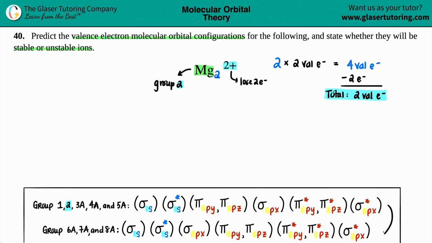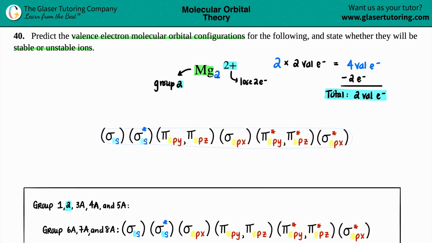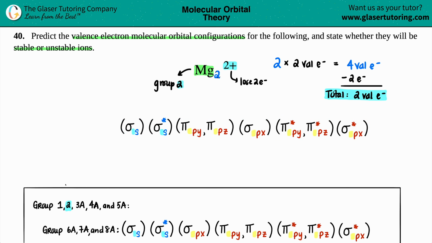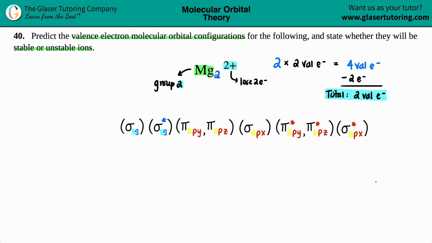Getting into that is way above a Gen Chem course. That's higher level chemistry; if you're majoring in chemistry, you'll dive into that. But for right now, just know that these are the 2 general forms. Since it's in group 2, I'm going to pull this one up because this is the one we're going to use. We're not going to use the other one, which is for those other groups.